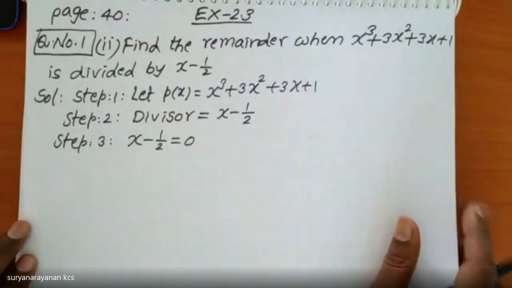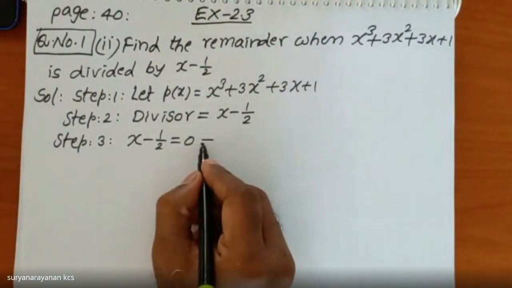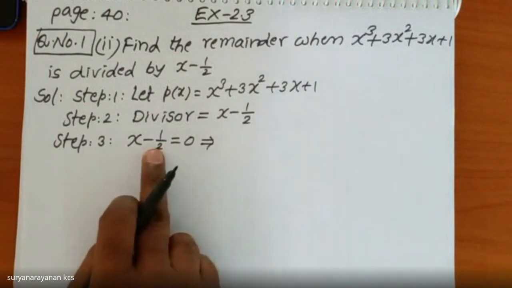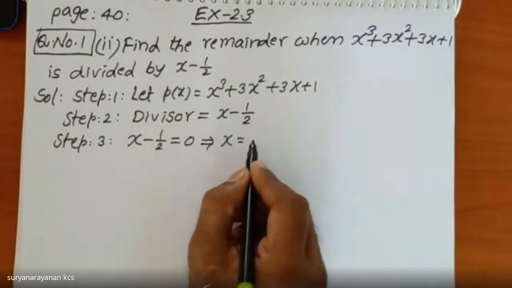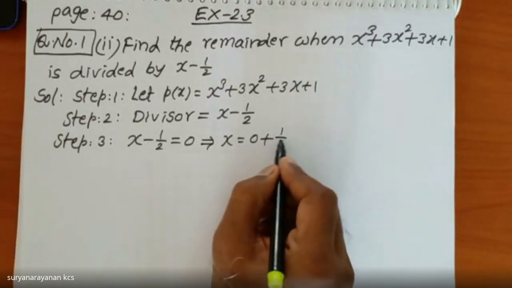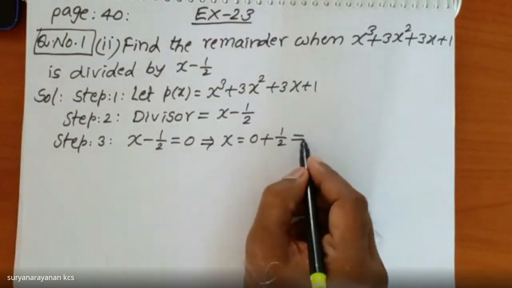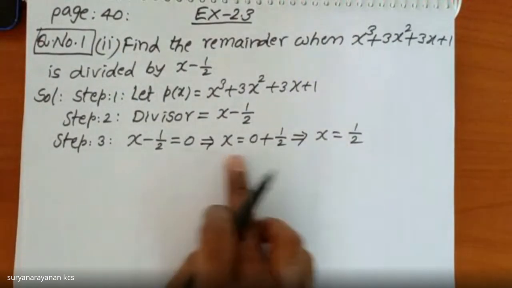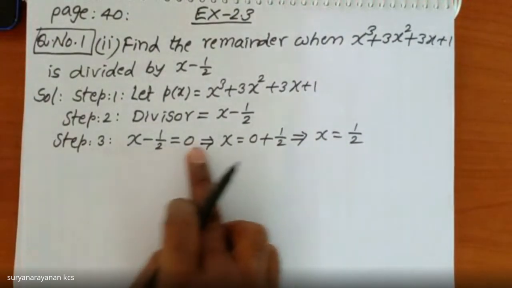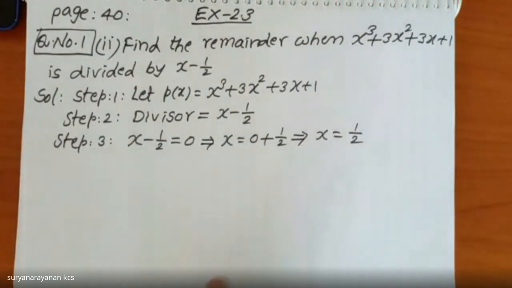Then you get a simple equation in x. This implies what will you get here? This is a constant term. You have to transpose. Then x is equal to 0 plus 1 by 2. Yes or no? Understood this, sir? Understood, sir. Understood this is step 3, my dear children.